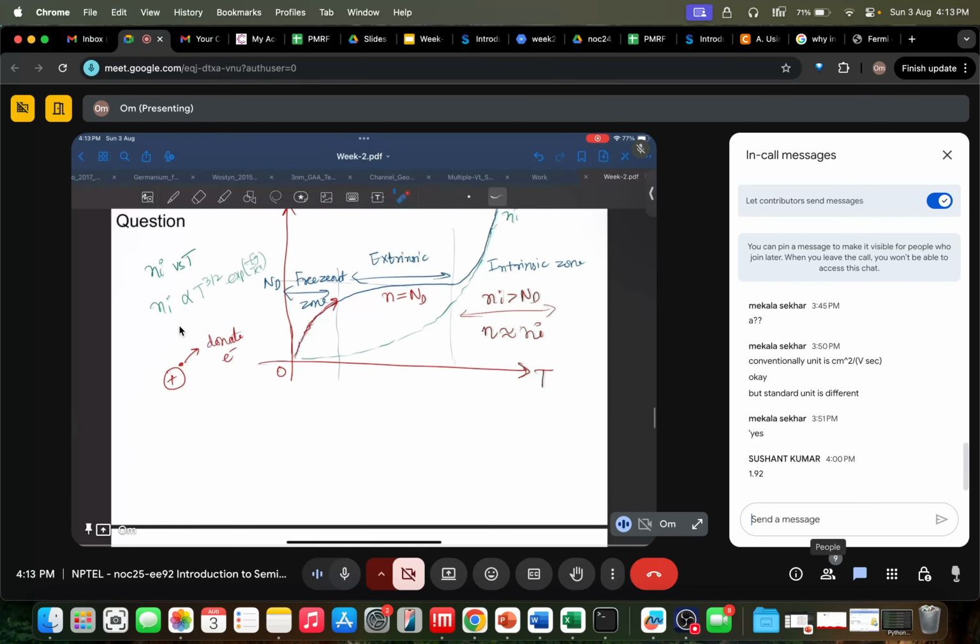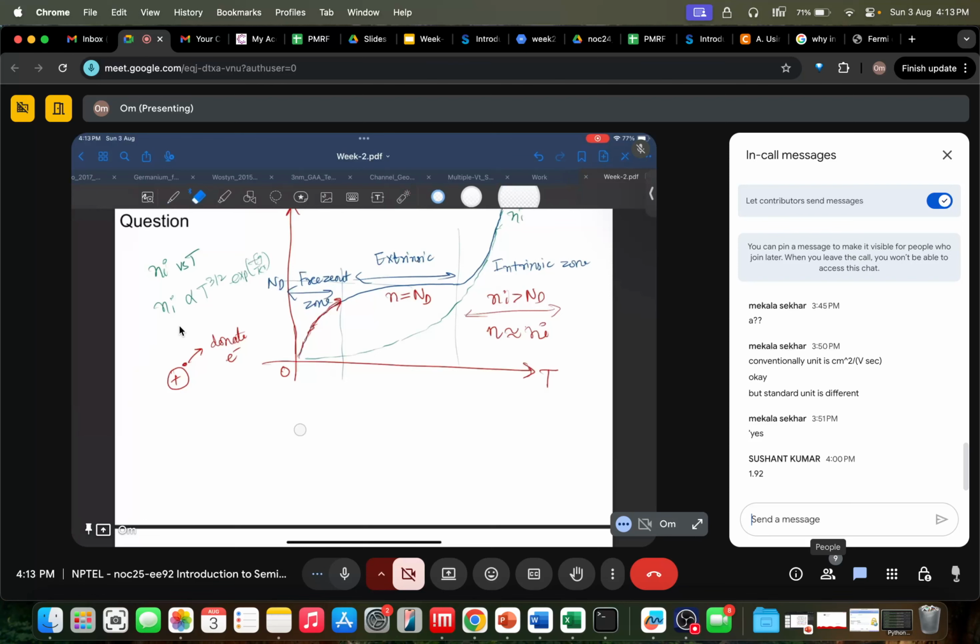Now the question is we have to draw log n versus 1 by T. If something is increasing with temperature, it will decrease with 1 by T, right?